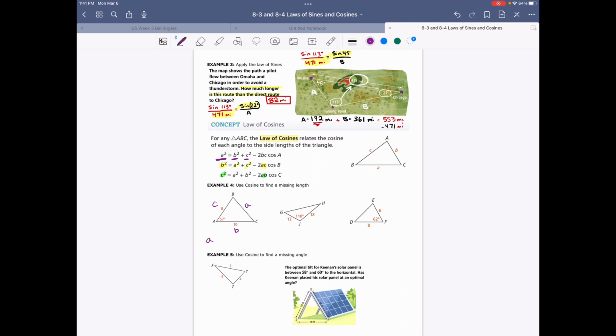All right, A squared is going to be equal to B squared, which is 10 squared, plus C squared, which is 8 squared, minus 2 parentheses, our B was 10, and our C was 8.